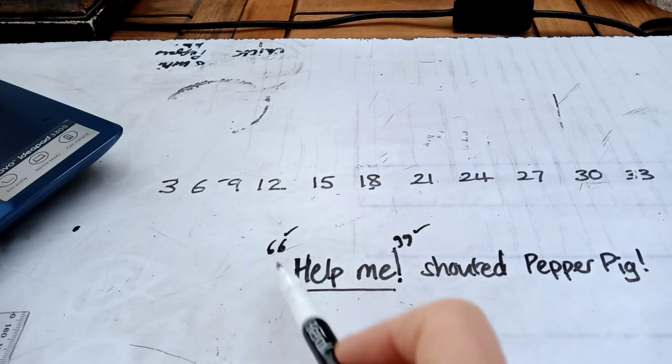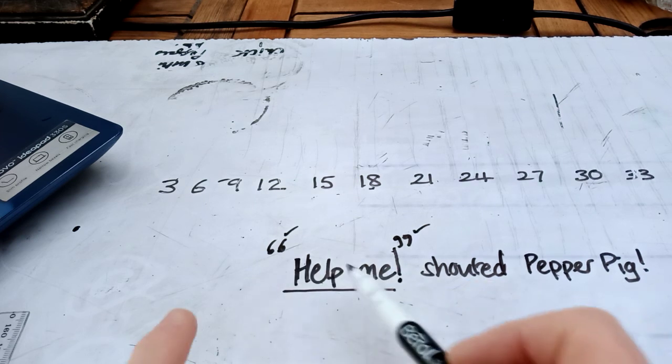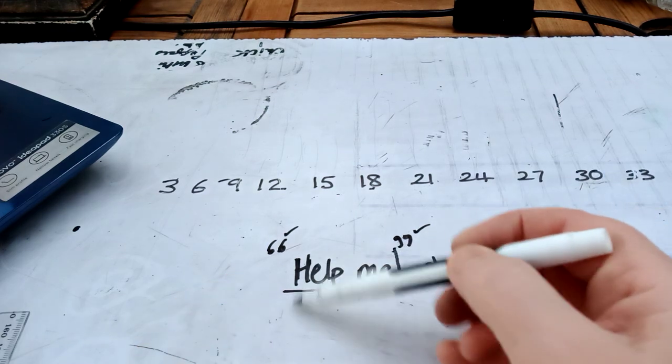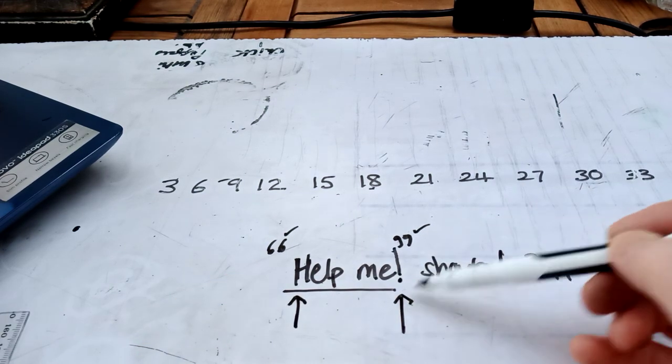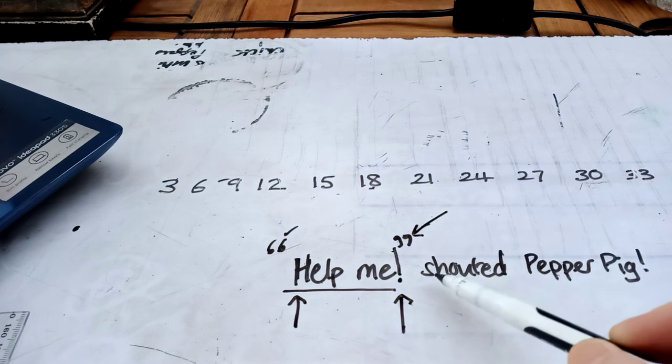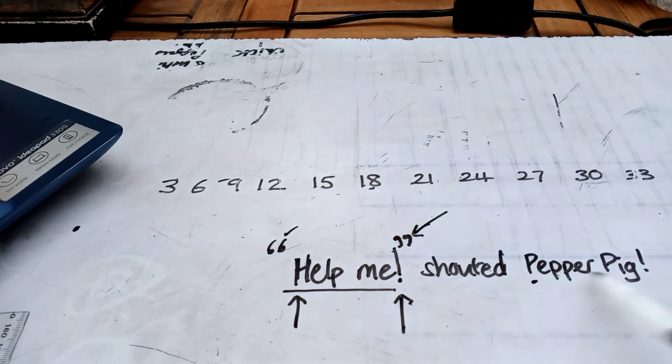But speech is a sentence within a sentence. So just get used to putting a capital there, closing punctuation there, your 99, and then a little letter. That happens. I've used a capital for Peppa Pig because she's a proper noun, apparently. Okay, please remember to use your best handwriting, and I look forward to seeing it next week.